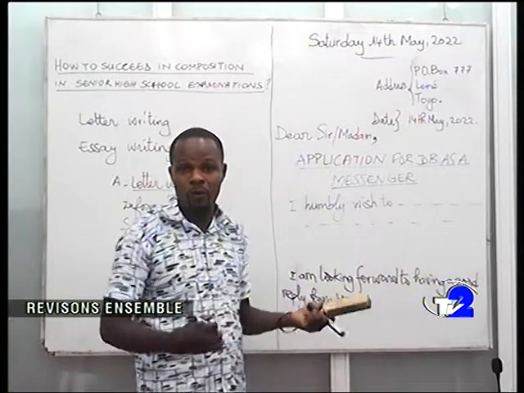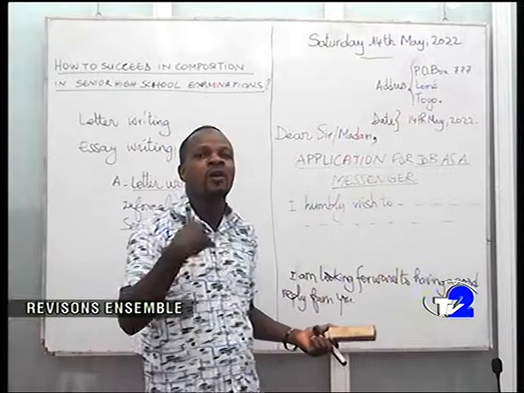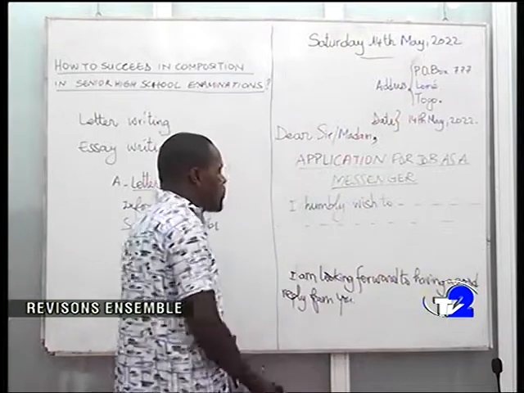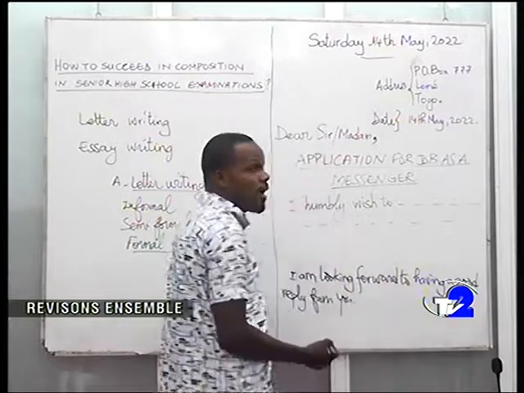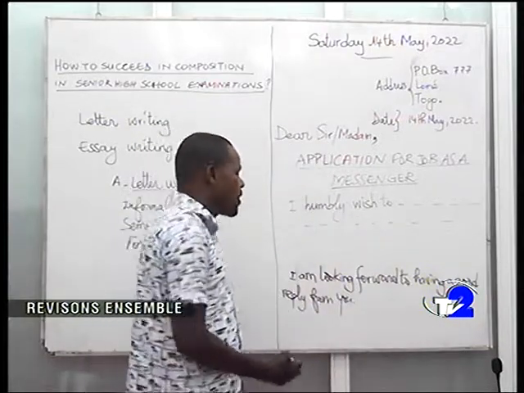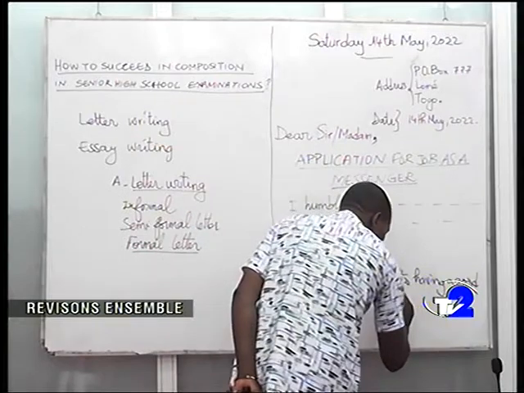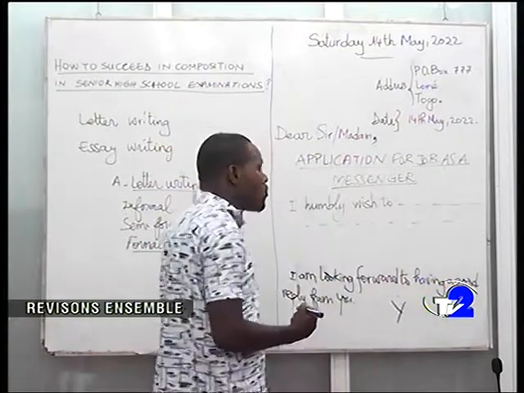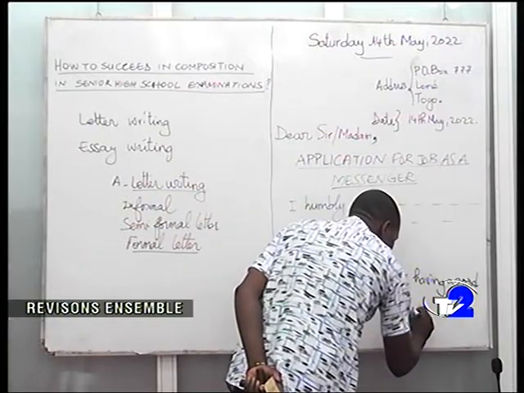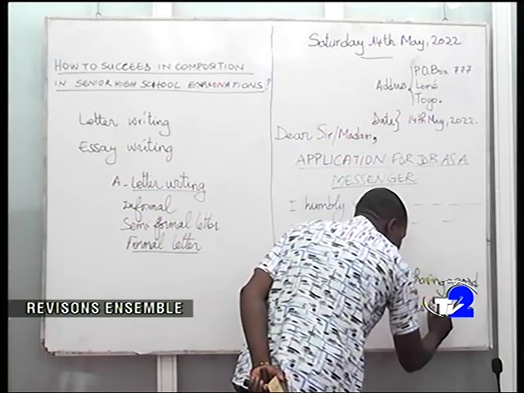We have different types of topics. It depends on the topics. So when you finish this, what do we do next? Then you have to subscribe your letter, subscription. Then you write what? The subscription, as far as a formal letter is concerned, is always Yours faithfully.